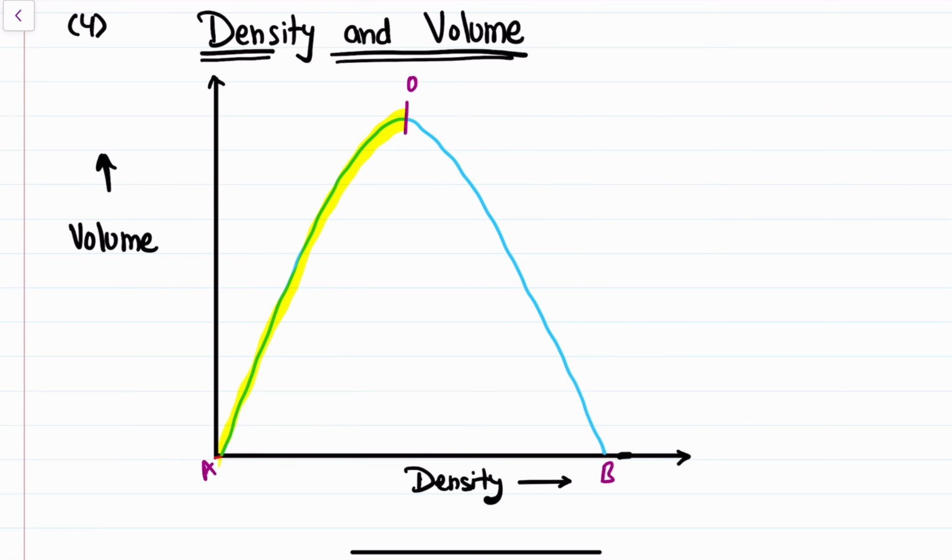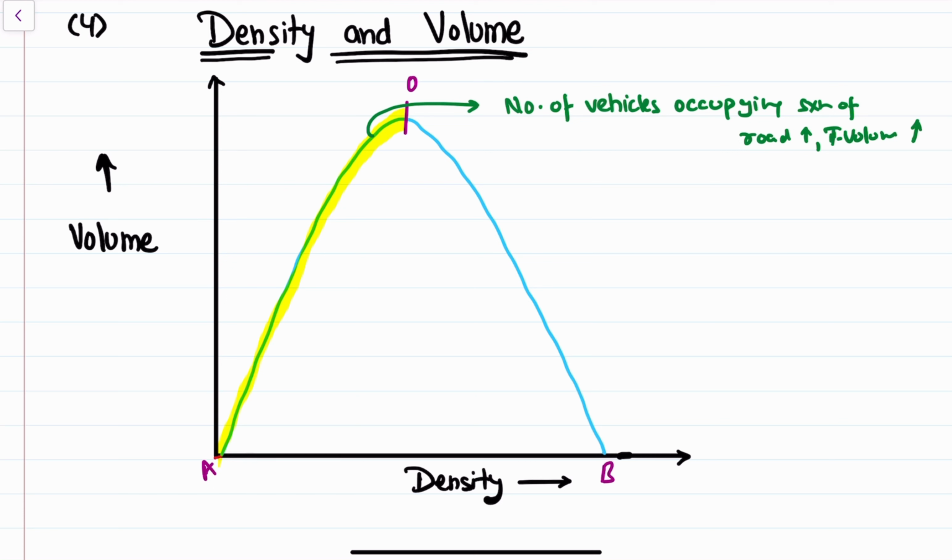So this section of the graph, what does this section of the graph represent? This section of the graph represents that the number of vehicles occupying the section of road is increasing, as well as the traffic volume on the road is also increasing, right?